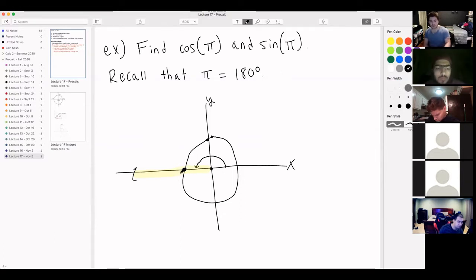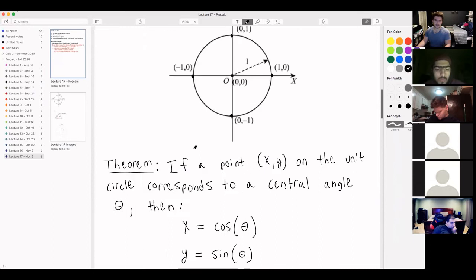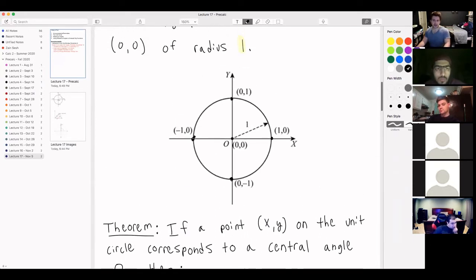What coordinate of the unit circle is this? Well, this is just going to be -1, 0. Does everyone agree that this leftmost coordinate on the unit circle is -1, 0? Let me scroll up quickly to my picture. Yeah, the left coordinate is -1, 0.